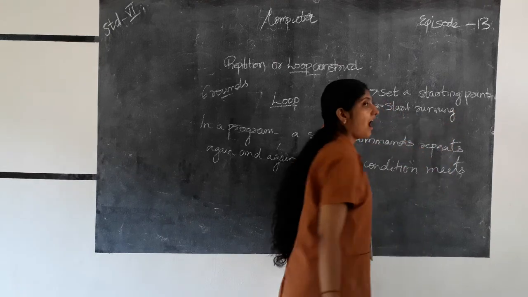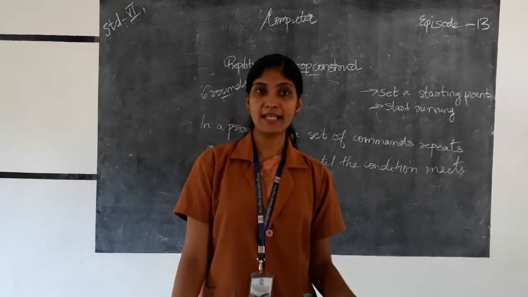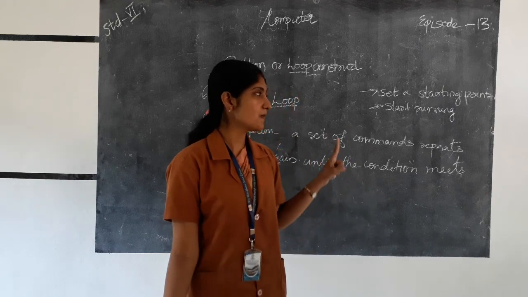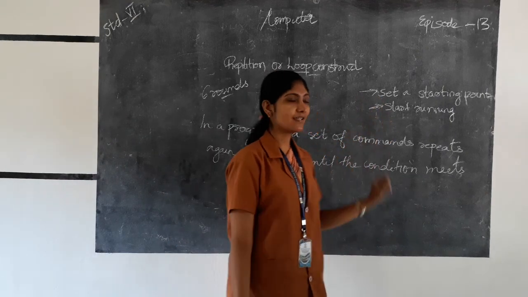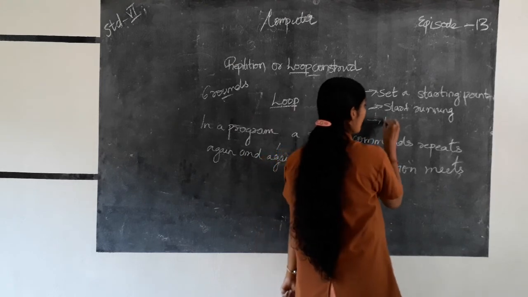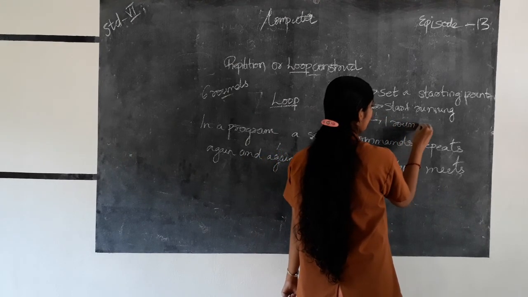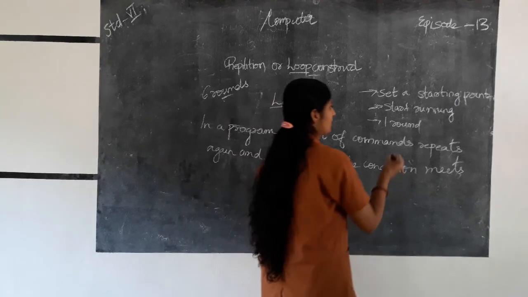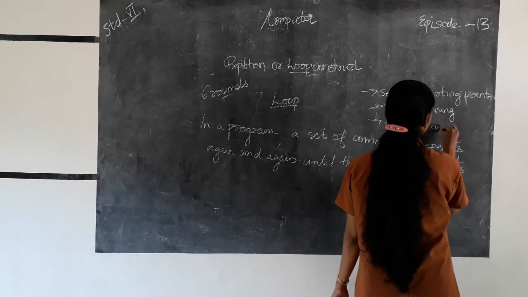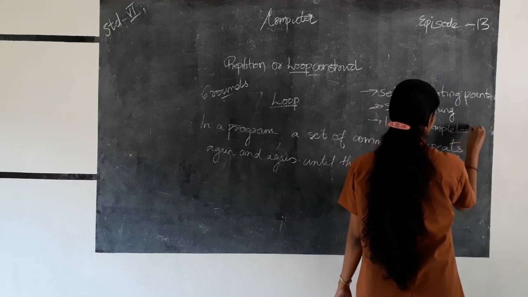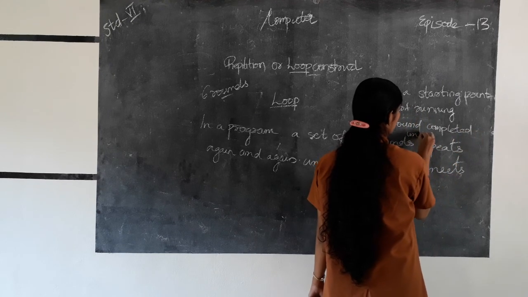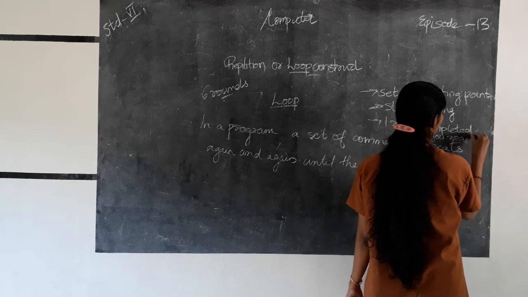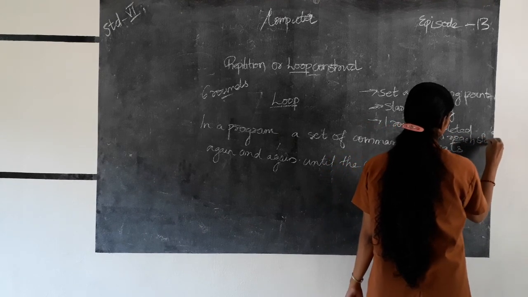Then after completing the round on the track, you will reach the initial position. That means you will reach the starting point. So one round is completed when you reach the starting point, the original point.